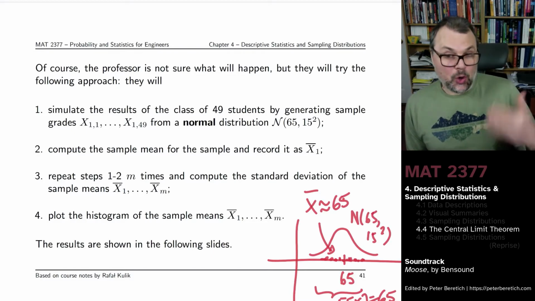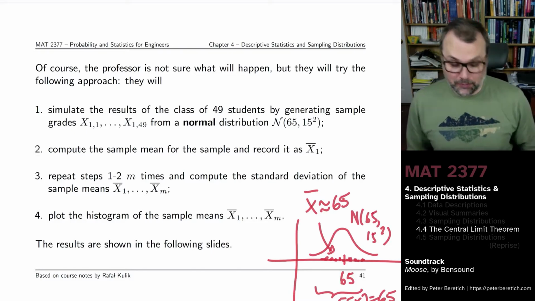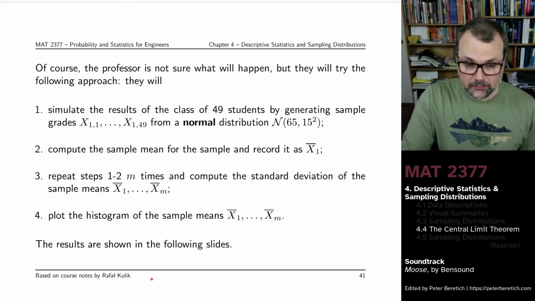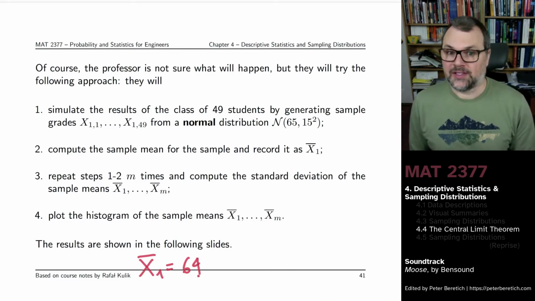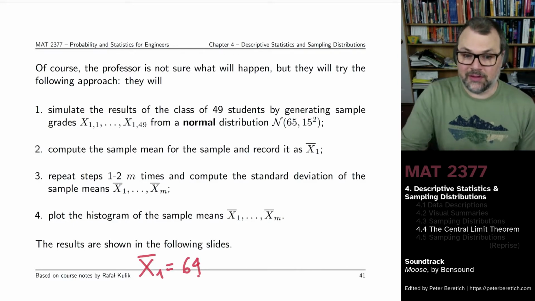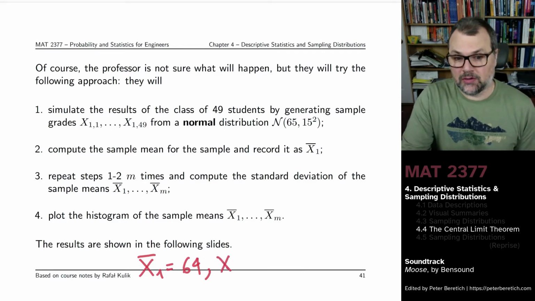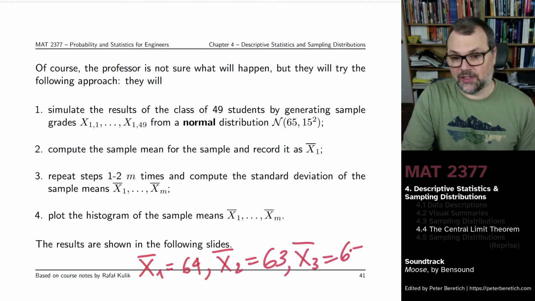Now we could do this over and over and over again. So perhaps the first time we do this, we get a sample mean of 64. And then the second time we do it, we get a sample mean of 63. And the third time we do it, we get a sample mean of 65, exactly the population mean.